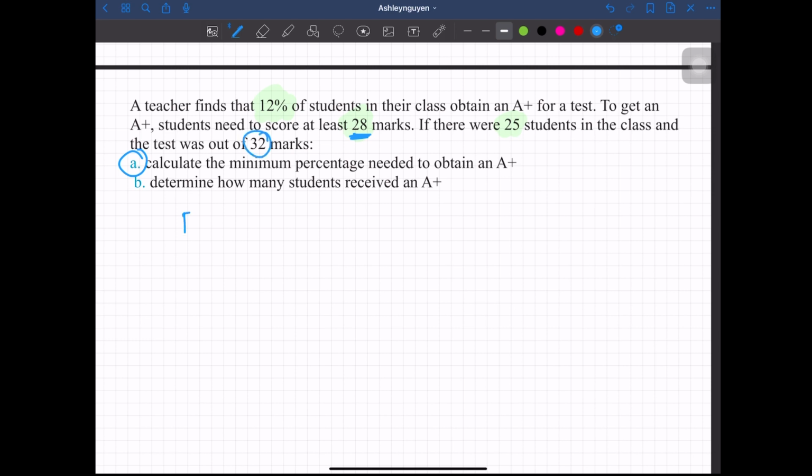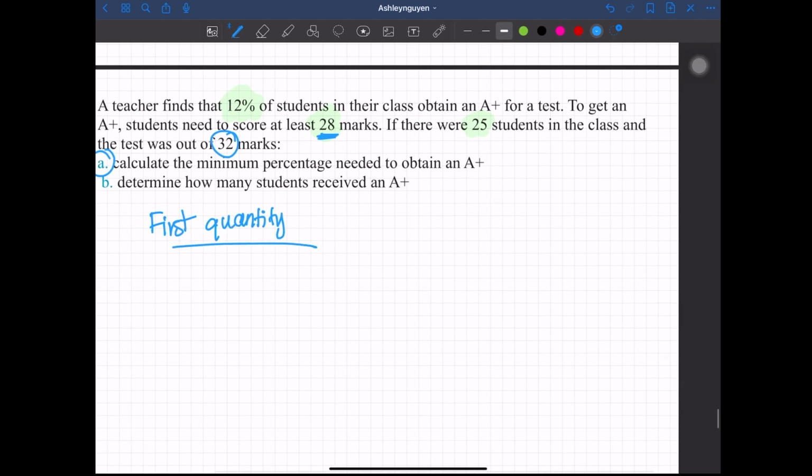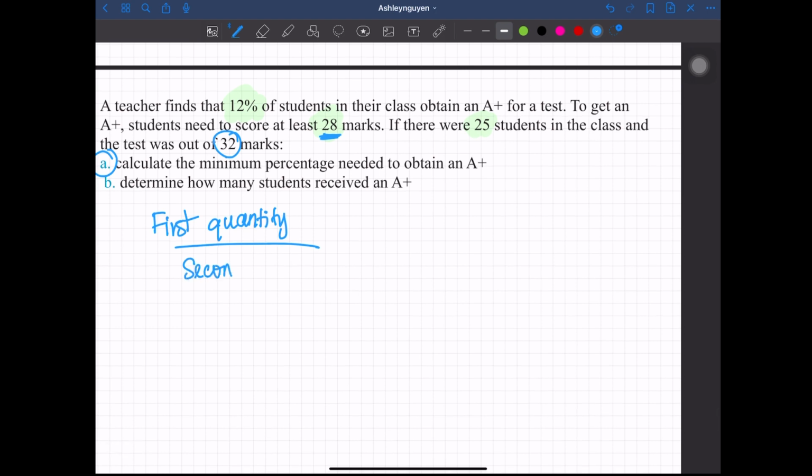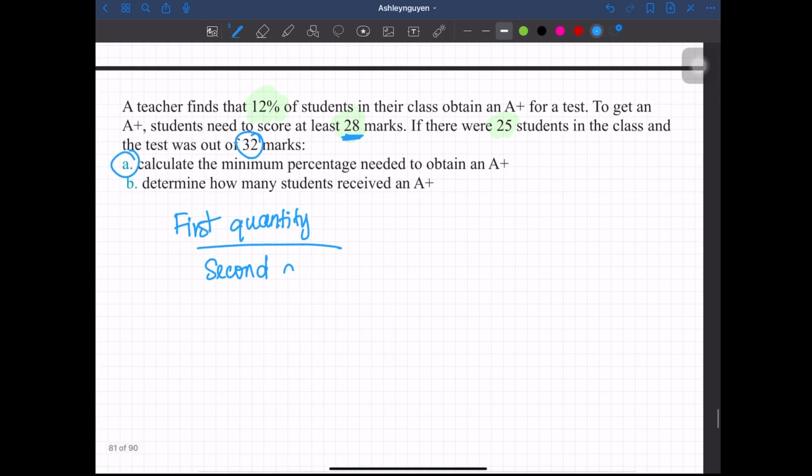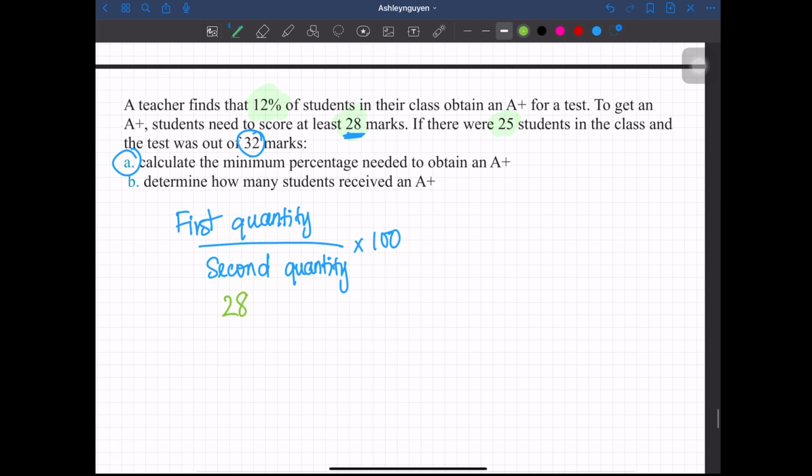So, the first quantity over the second quantity, multiply by 100, which means that 28 over 32 multiplied by 100. Simplify the fraction first.